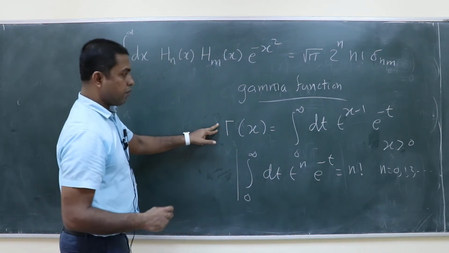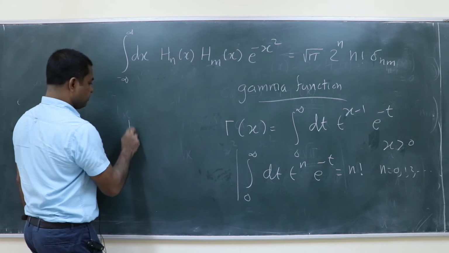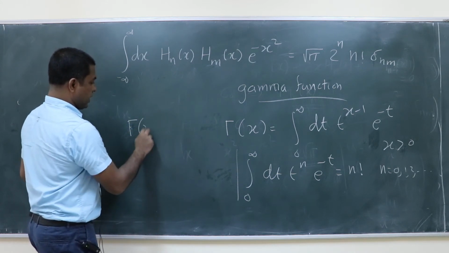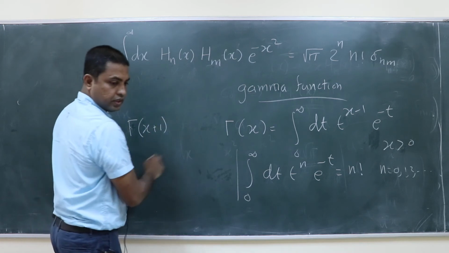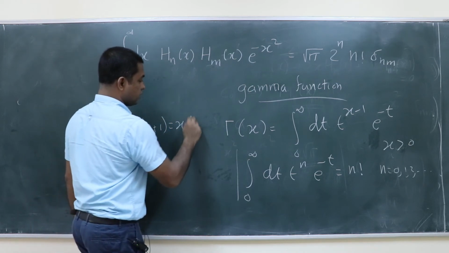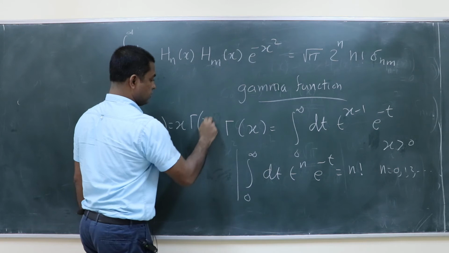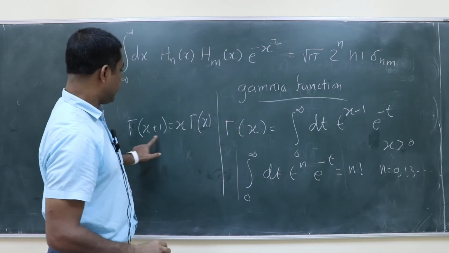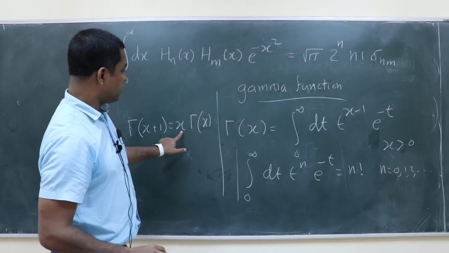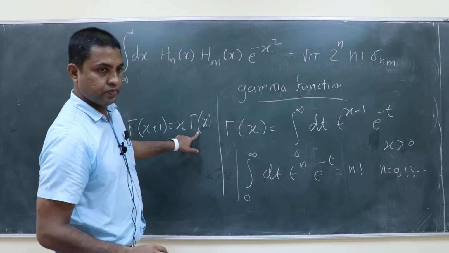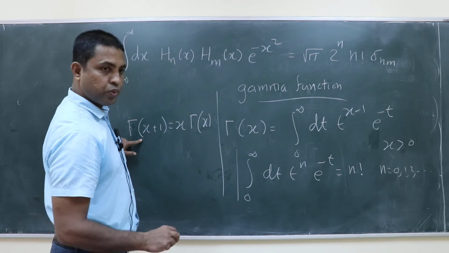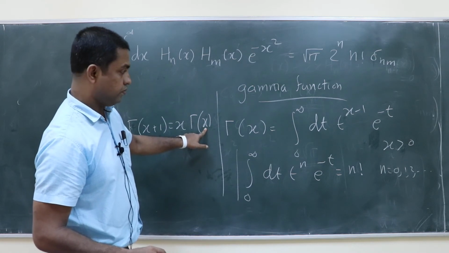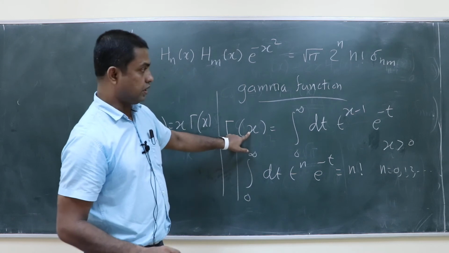And the gamma function has a relation: gamma of x plus 1 is equal to x gamma of x. This you can derive from the definition. You can use this property. Suppose x is an integer.